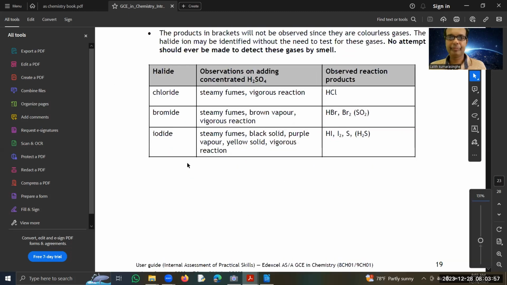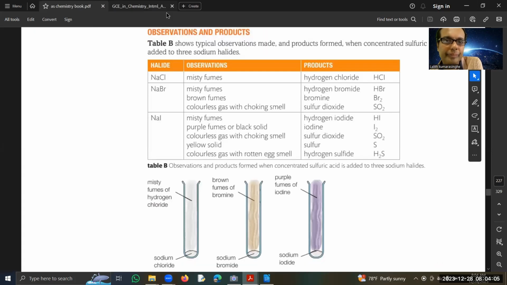Halide. So it can be chloride, bromide, or iodide. Let's go for the colorful document. These ions are colorless. So the element has a color, but ions are colorless. Chloride, so these are colorless solutions.